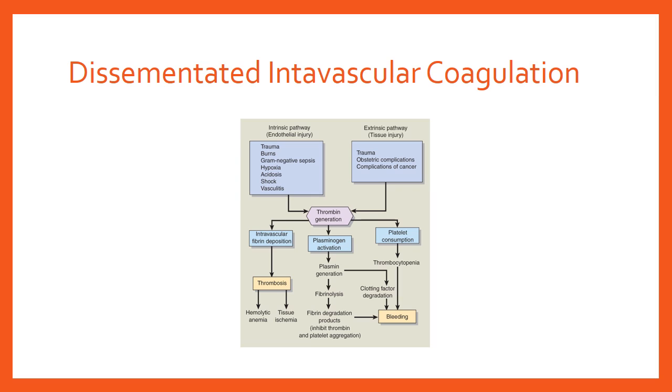Treatment involves A, treatment of the primary disorder, B, replenishment of lost clotting factors, and also administration of anti-clotting substances such as heparin. And again, the main thing about this is that it's paradoxical. Bleeding and clotting occur pretty much at the same time.